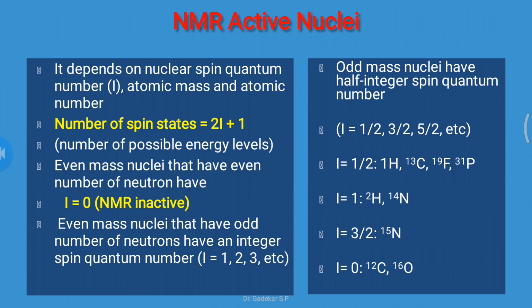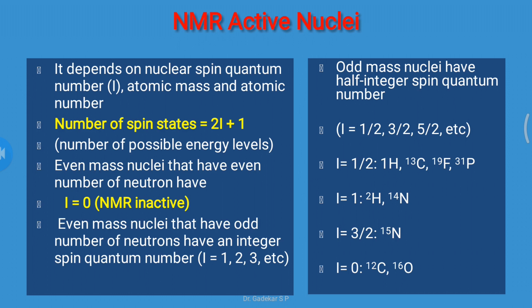So here is the summary of this lecture on NMR active nuclei. Which ones are NMR active? It depends on the nuclear spin quantum number I, which in turn depends on atomic mass and atomic number.